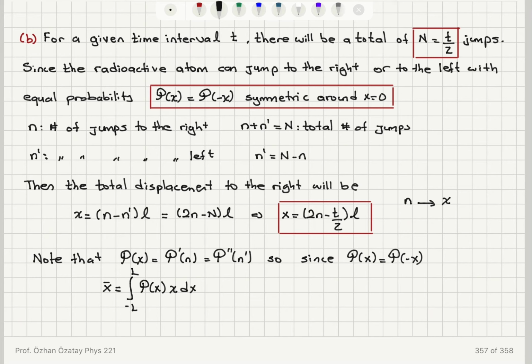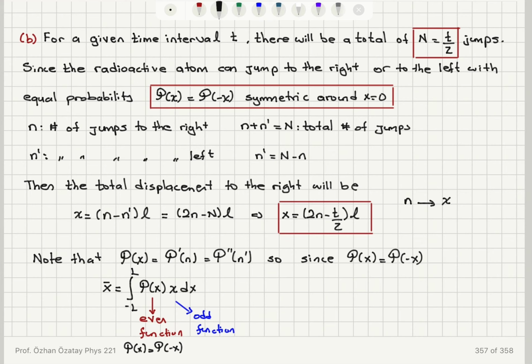Now here I have argued that the probability distribution is an even function, and here I have x, which is an odd function. For p of x, that means p of x is equal to p of minus x.